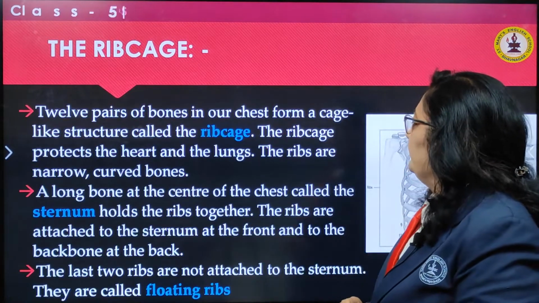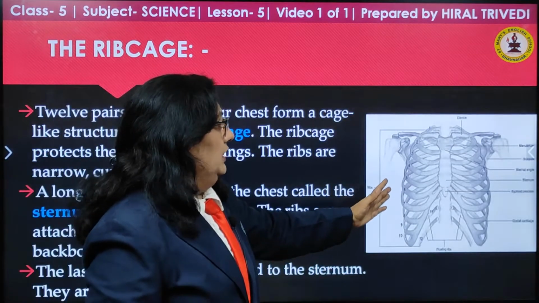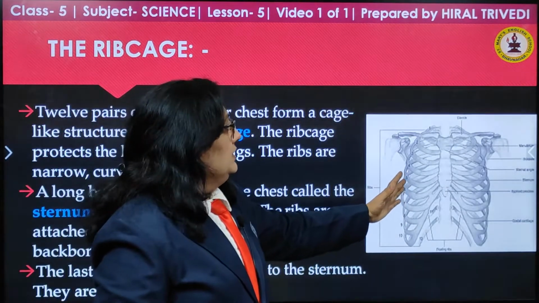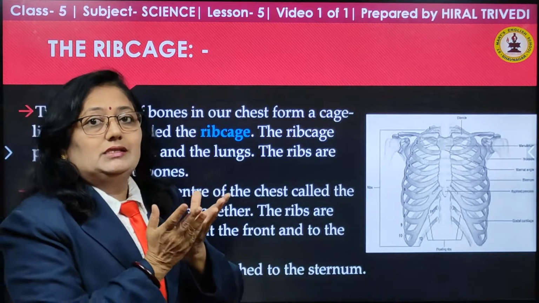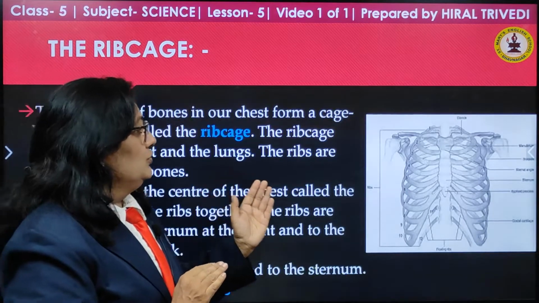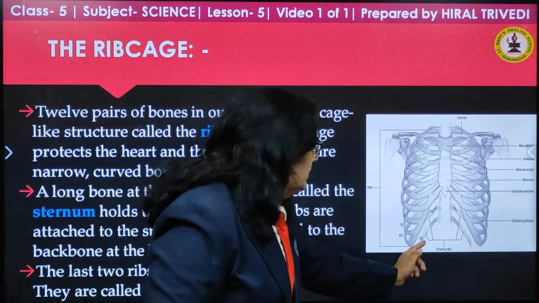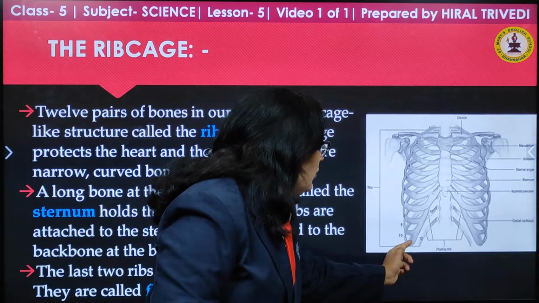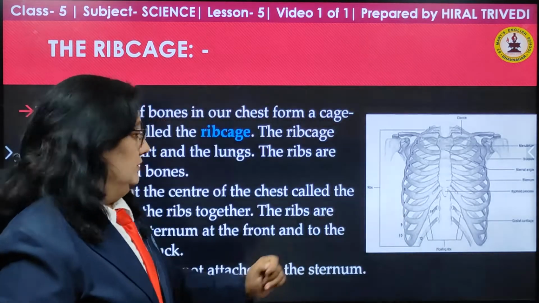Now, we see the rib cage. See here the rib cage in detail. If we see the rib cage, it is like a cage. So, the name is rib cage. What is the function of it? It protects the lungs and heart. And see here, these two ribs are not getting connected like this. So, they are known as floating ribs.